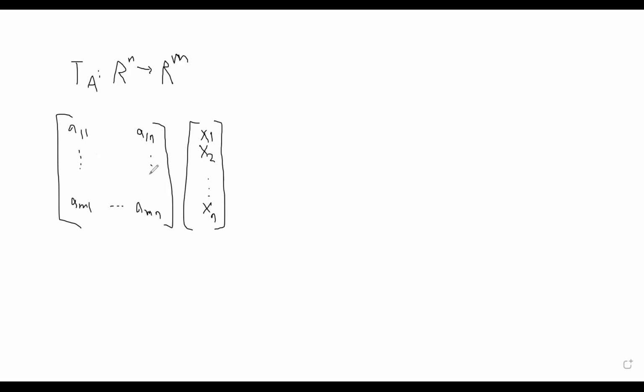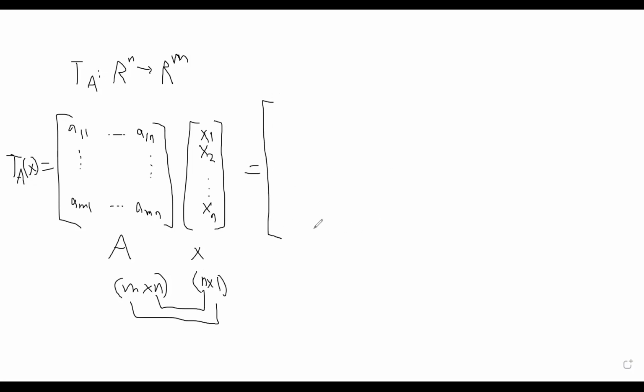There are m rows and n columns in this matrix. This is the coefficient matrix A, and this is x. This is the map T sub A of x: you're taking a vector x in Rn and left multiplying it by A. If you multiply an m by n matrix by an n by 1 matrix, since the inner entries are the same, the outer entries determine the size of the result, so you get an m by 1 matrix.